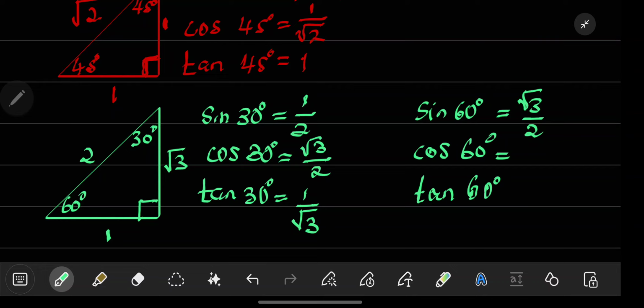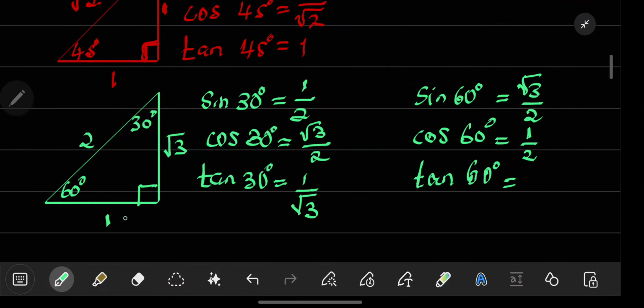So with cosine of 60, it is how much? Cosine is adjacent over hypotenuse, so 1 over 2, okay? Right? Yes. Let's continue. And also, you can have tangent of 60.